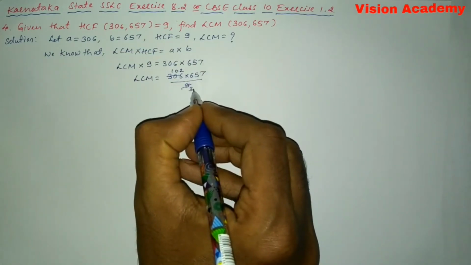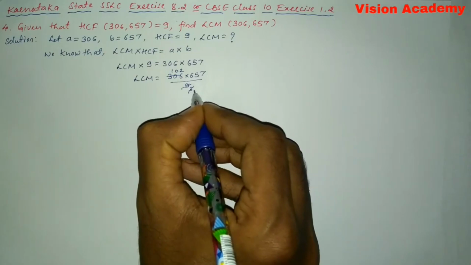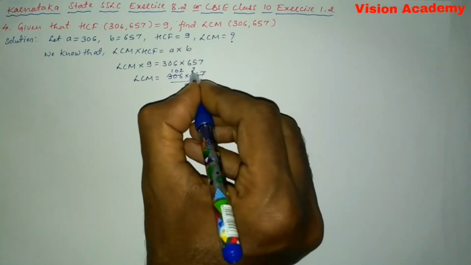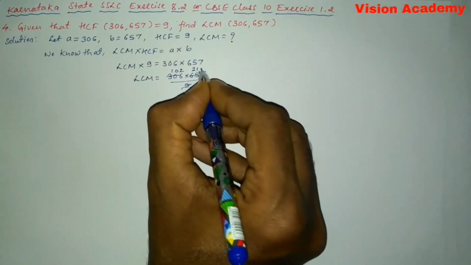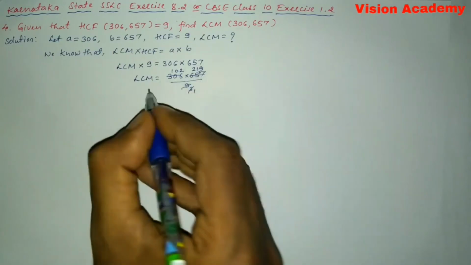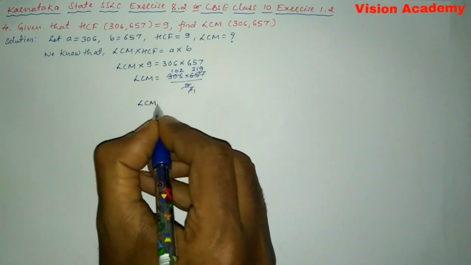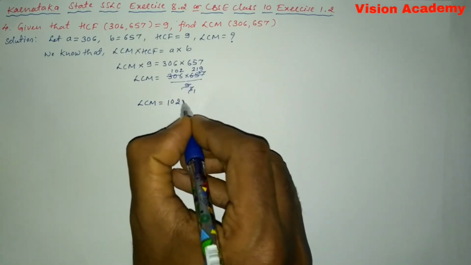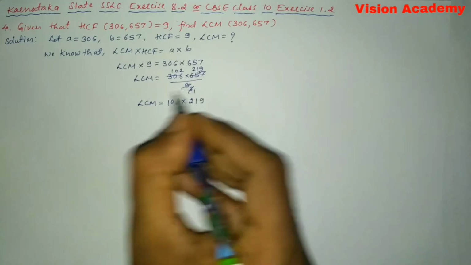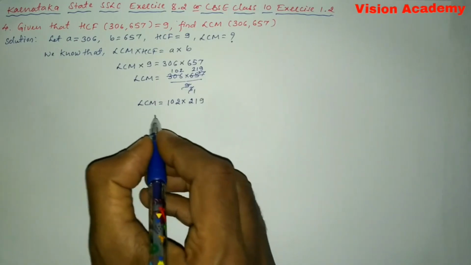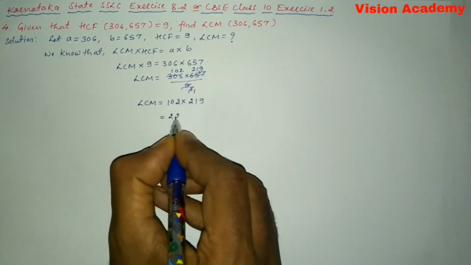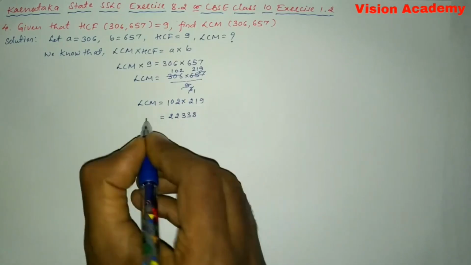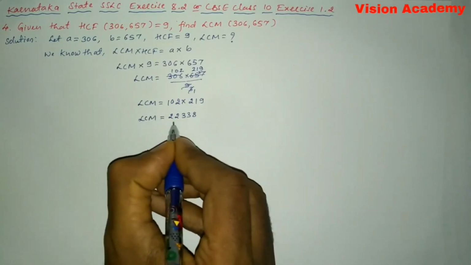Again it will get divided by 3. 3 1s are 3, 3 2s are 6, 3 9s are 27. So here LCM is equal to 102 into 219. So this gives us 22,338.